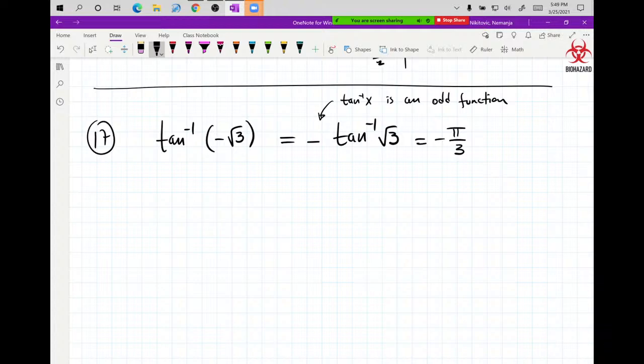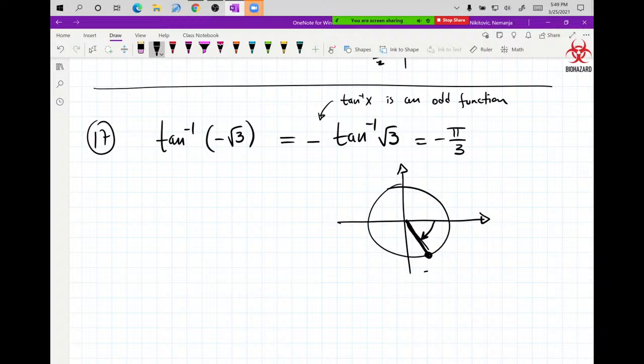Now, does that make sense? Well, you can check that using the unit circle and then figuring out that negative pi over 3 is right there. So negative pi over 3 is the same as 5 pi over 3.